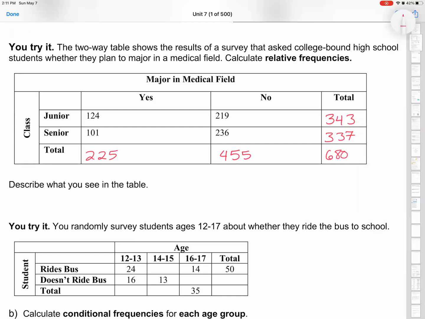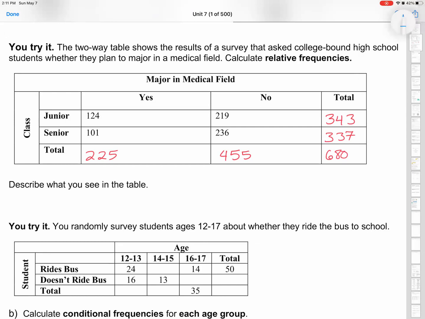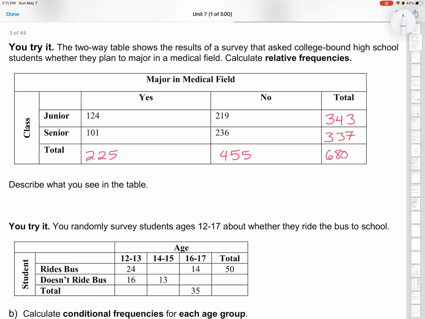Now we're going to be looking at the marginal distribution. Now, marginal, think of the word margin, and margin is pretty much all the items collected together, okay? So, for example, we have juniors, right? Whether they're going in the medical field or not, it doesn't really matter. There's just 343 of them.